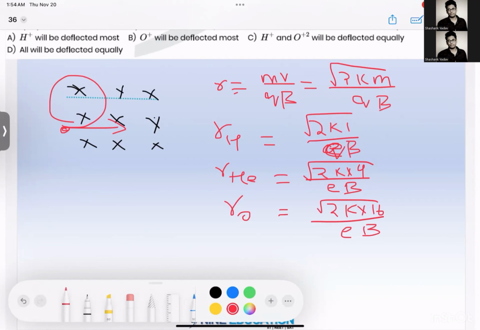That means the radius of helium is going to be 2 times root 2K by eB, and for oxygen this is going to be 4 times root 2K by eB.